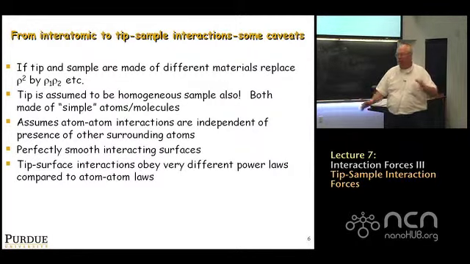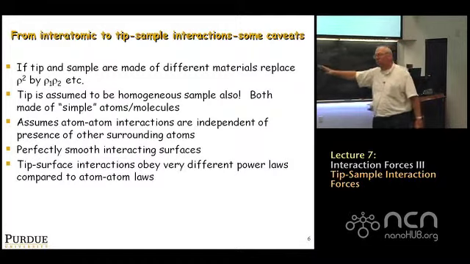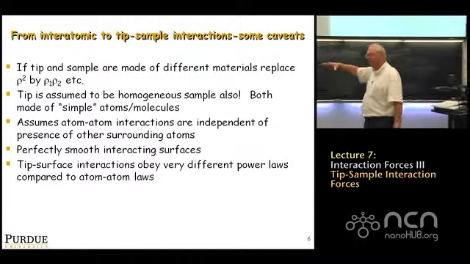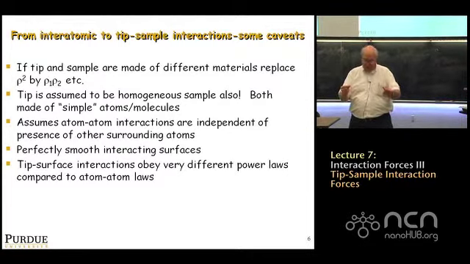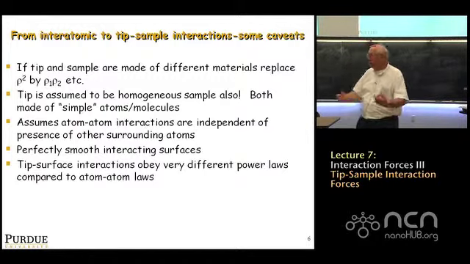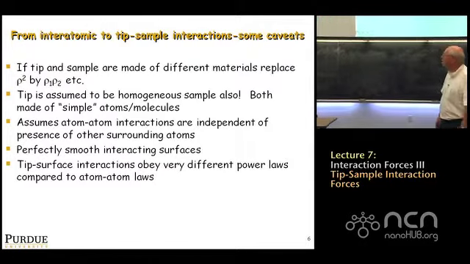That could be a very big assumption, because all the discussion of the van der Waals interactions that we had in the last lecture always assumed that just two atoms were interacting one with respect to another. We didn't take into account any influence that surrounding atoms or molecules could have on that interaction. So that's another big assumption that we made, right?